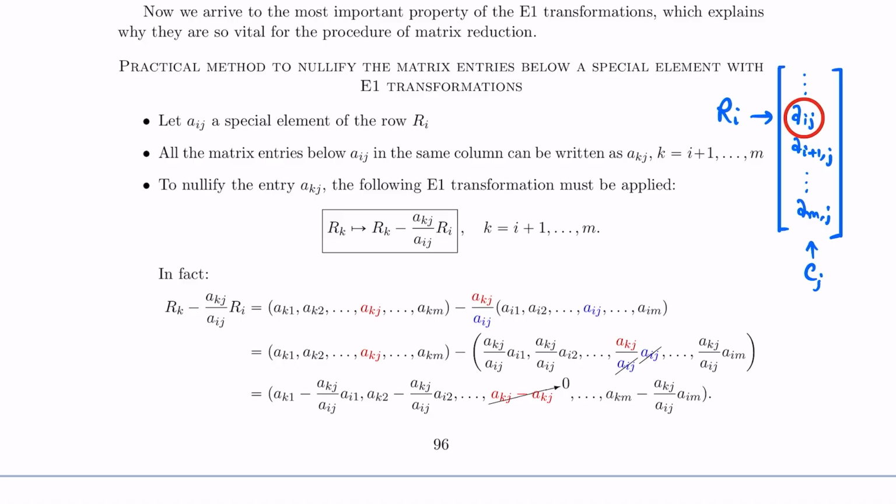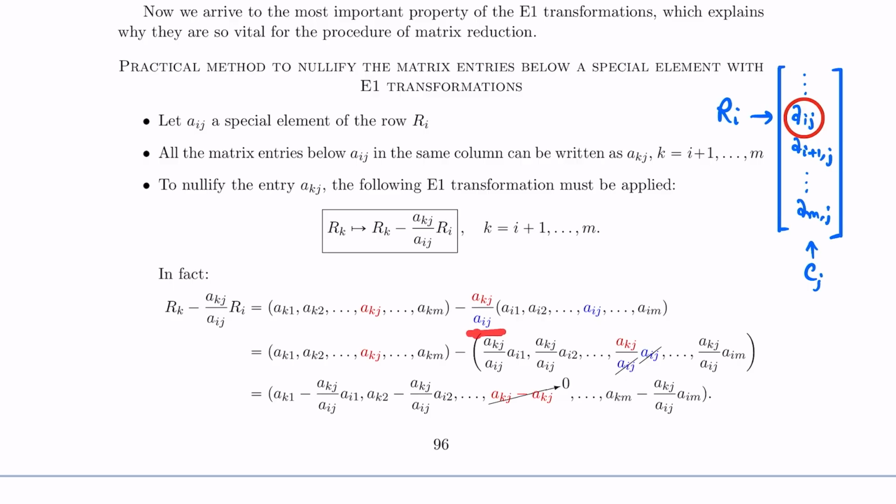How can we do that? Well, we fix the row index to be k, and we let the column index run from 1 to m. Similarly, here we fix the row index to be i, and we allow the column index to run from 1 to m.